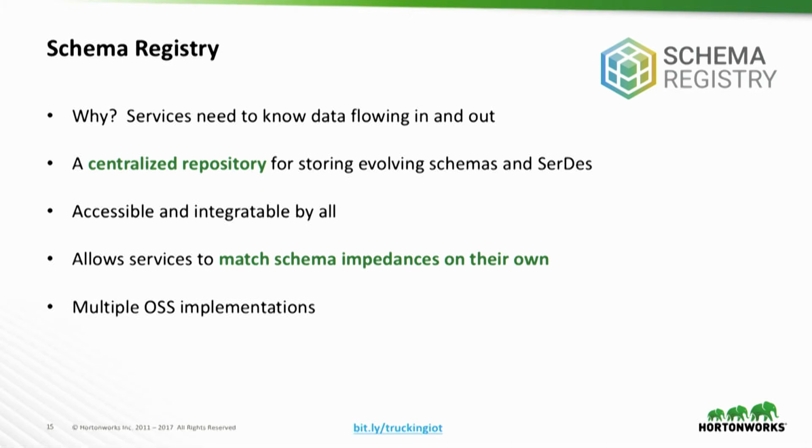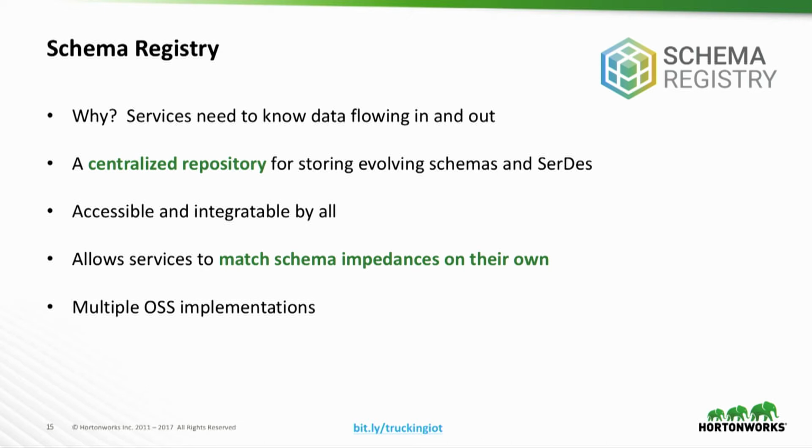If a service upstream evolves and outputs data in a slightly different format, the downstream service will still communicate with Schema Registry, and Schema Registry will tell it, hey, this is the same schema that existed before, only now it's changed a bit. And there's not necessarily a change they need to make to the downstream components to account for this.